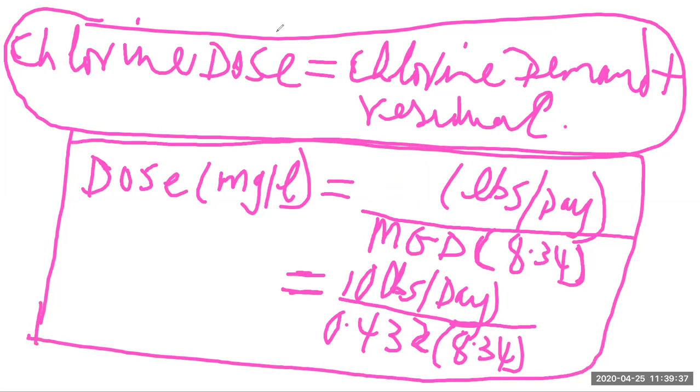Your dose in milligrams per liter is pounds per day divided by MGD multiplied by 8.34. Tell me if we're clear on that.